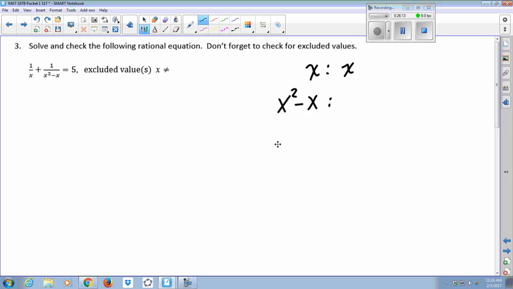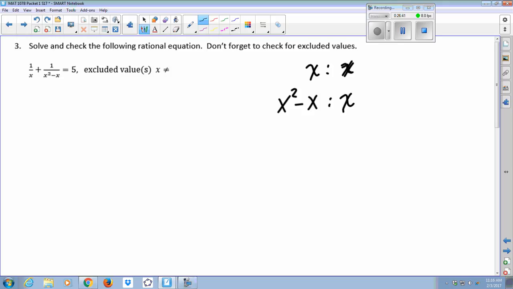Anytime you see something like this, the very first thing that should pop in your mind is greatest common factor, to factor it, right? It will help you, because what is the greatest common factor here? Just x, right? That's the only thing common to both. And we've decided to call x the color black.